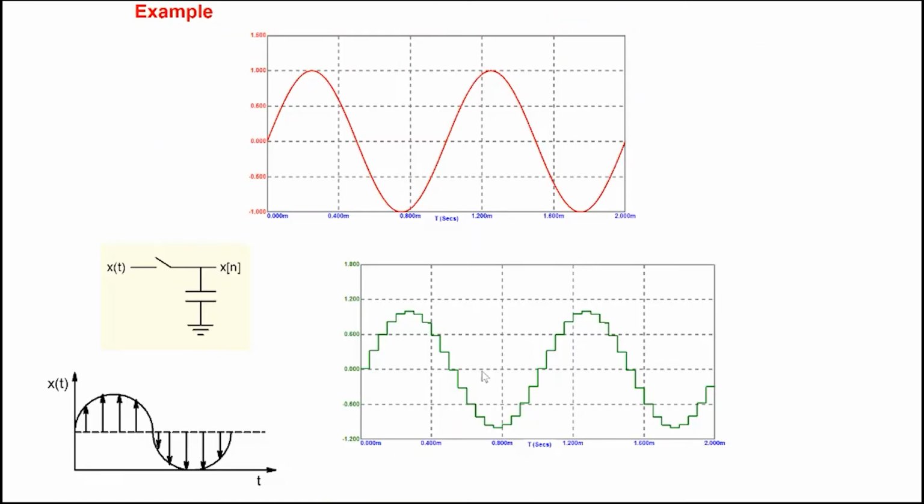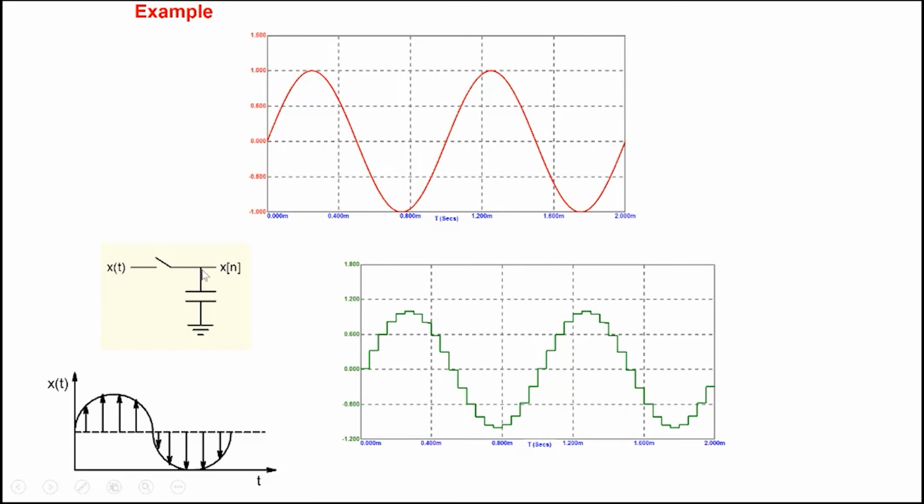So this is what the whole thing looks like. This is the original sinusoid, our signal, and we pass it through a circuit like this, and at the output, this is what we get. Note that once you sample it, the capacitor charges to the value of the sinusoid at that instant, and it retains that.